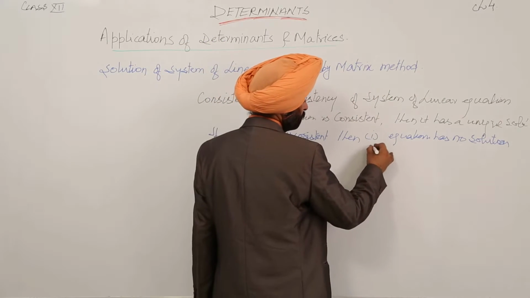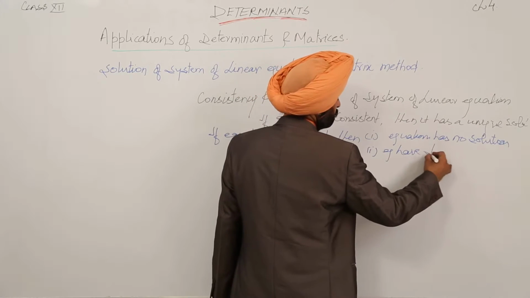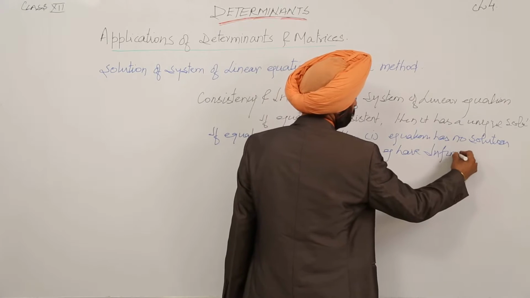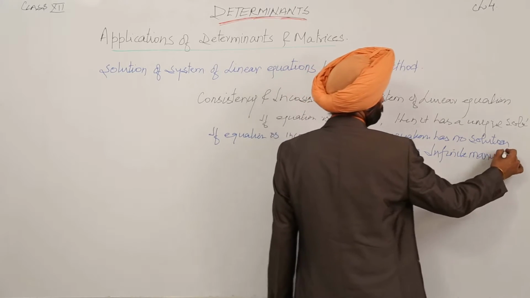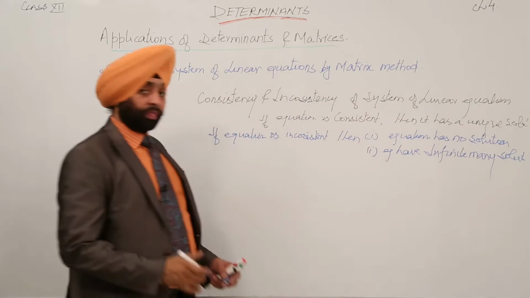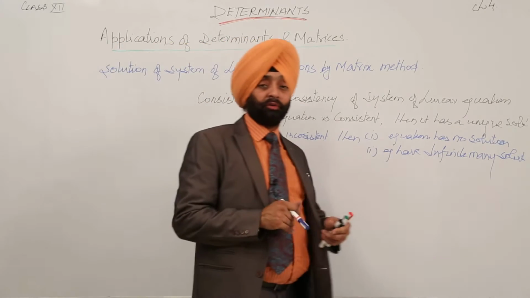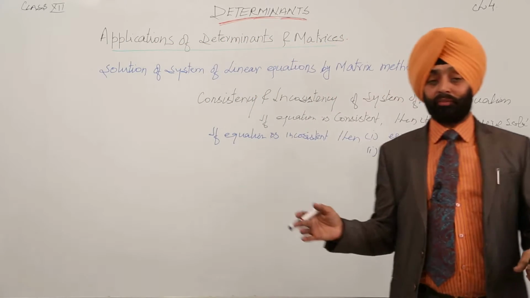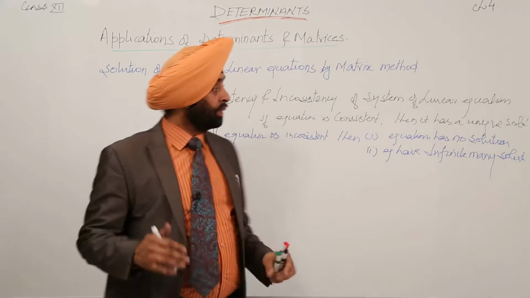Number two, the equations have infinitely many solutions. So for the consistent part, a unique solution. For the inconsistent part, no solution or infinitely many solutions. These things we have already done in class 10th.